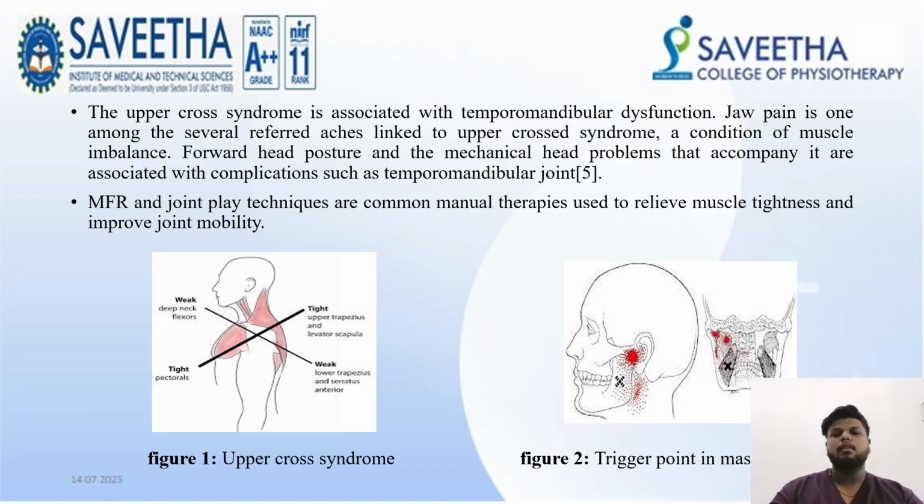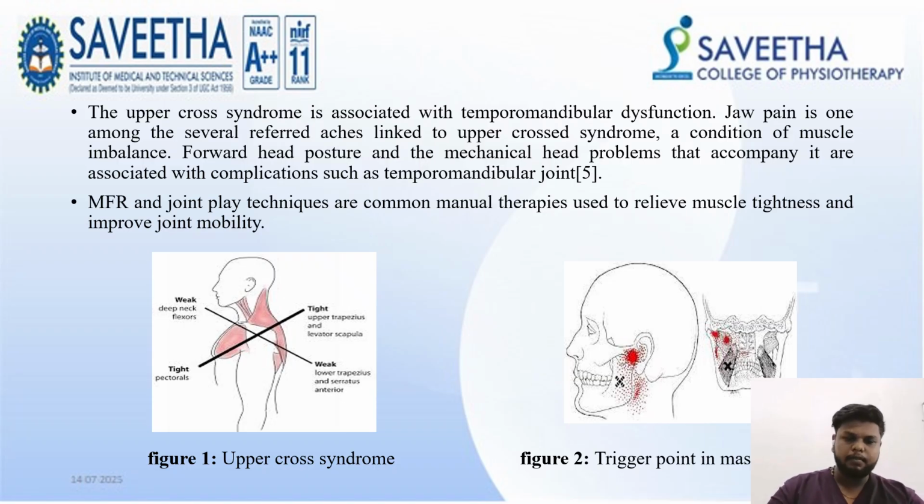So jaw pain is among the several referred cases linked with this upper cross syndrome, a condition of muscle imbalance. So this forward head posture and mechanical problems are found in the associated complications of the temporomandibular joint. So in this intervention, we are going with manual therapy techniques like myofascial release and joint play technique. It is a mobilization technique. Our common manual therapies are used to relieve muscle tightness and improve joint mobility.